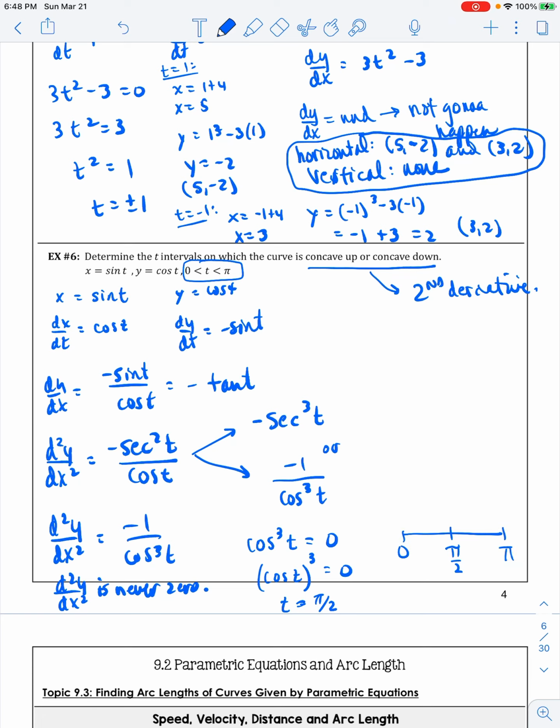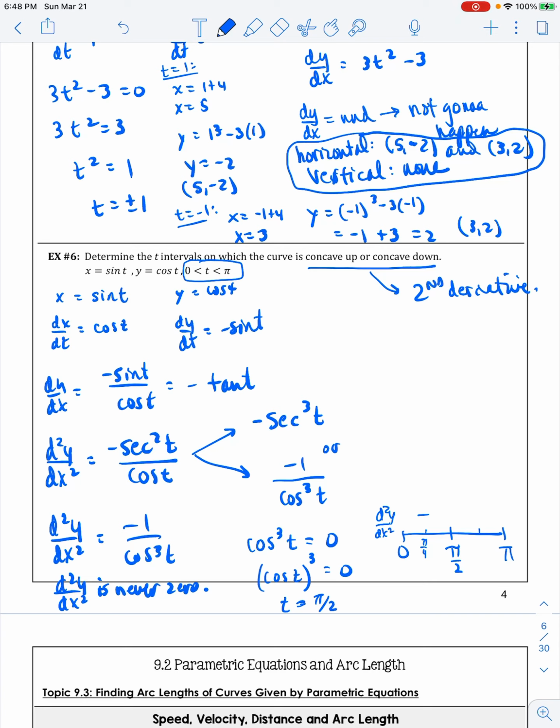Remember, you're going from 0 to pi. So I decided to put in pi over 4 because it's halfway, just to see the sign of the second derivative between 0 and pi over 2. The cosine of pi over 4 is positive, but then you've got that negative up there, negative 1 divided by the positive cosine t cubed, so you're going to get a negative.